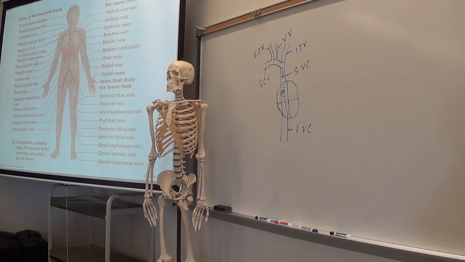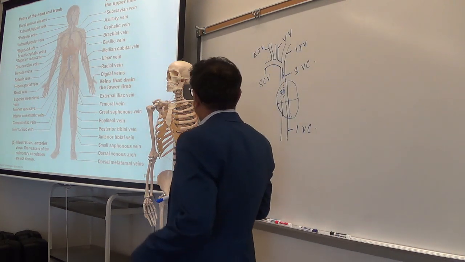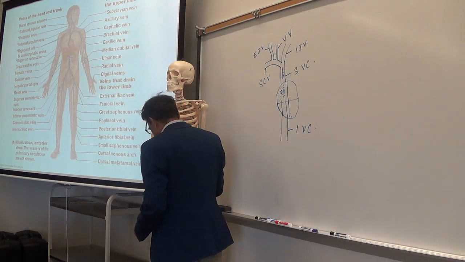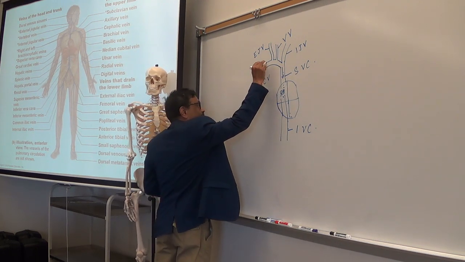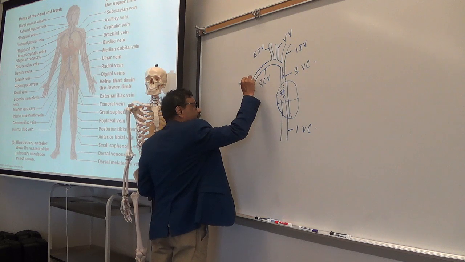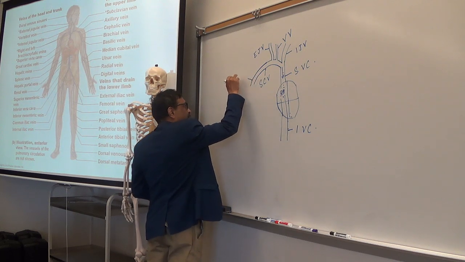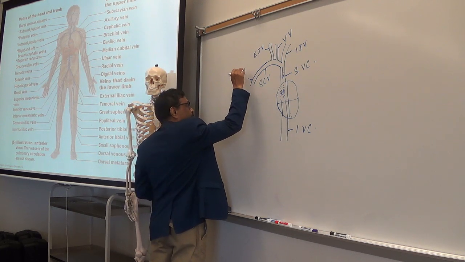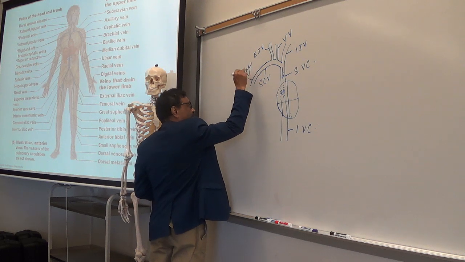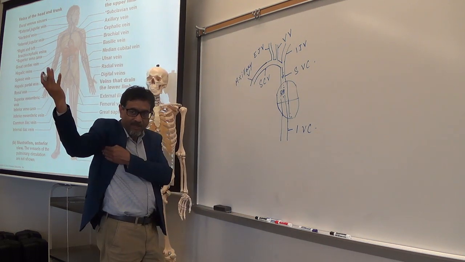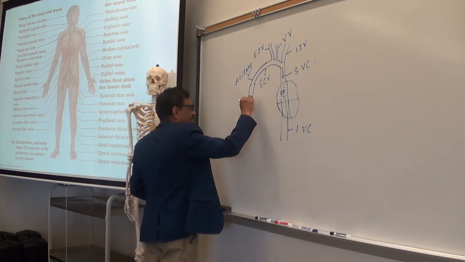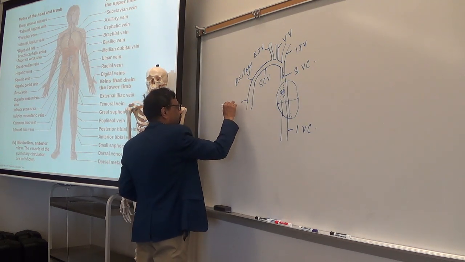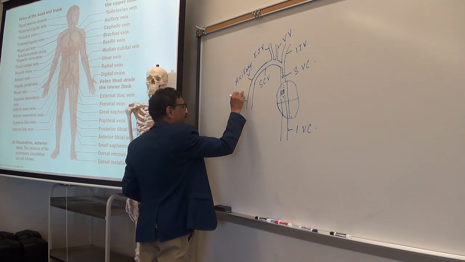Okay. Now, subclavian vein is like subclavian artery. It goes to the armpit and becomes axillary vein. Right? Here, axillary, like artery, and then goes to the arm, becomes brachial. You already know that.